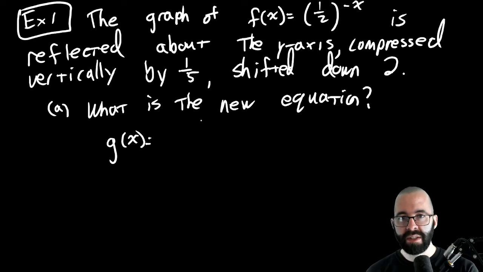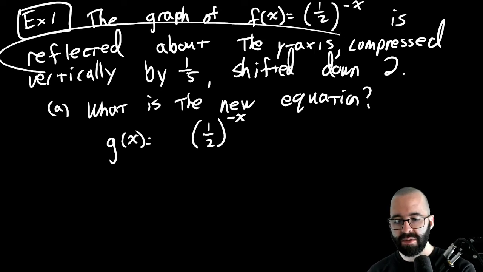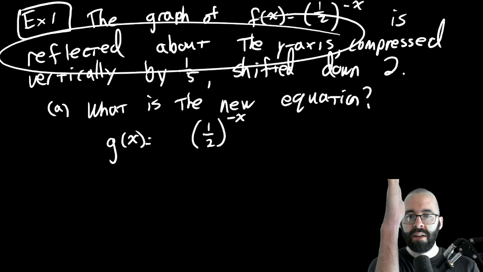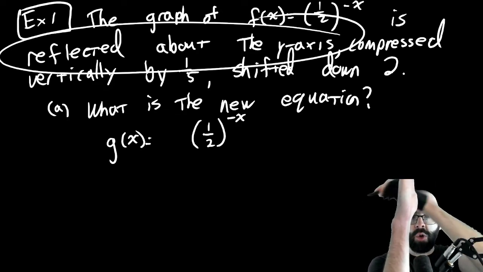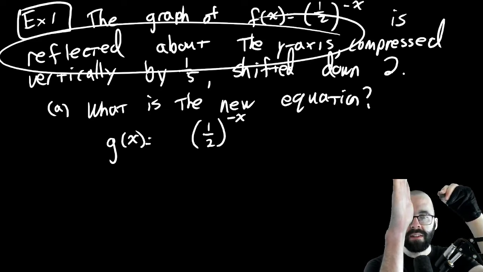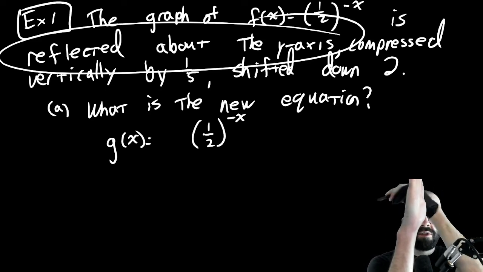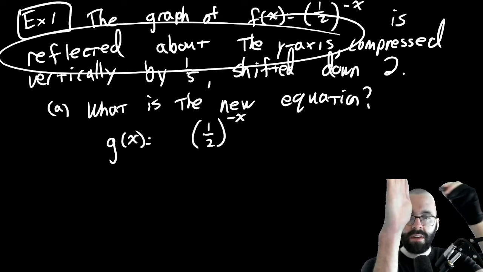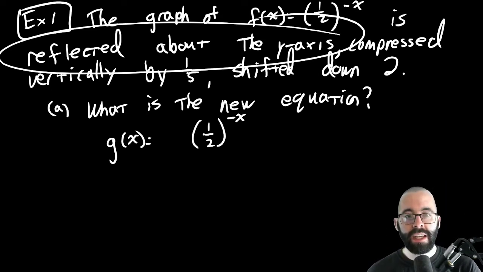So this is where we started: 1/2 to the negative x. First, it's reflected about the y-axis. That's a horizontal change, reflecting it from right to left and left to right. Horizontal changes are on the inside of the function. But here, the inside is not actually the parentheses.